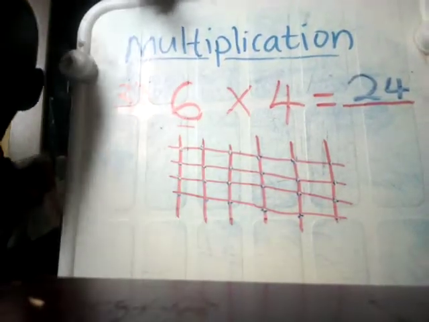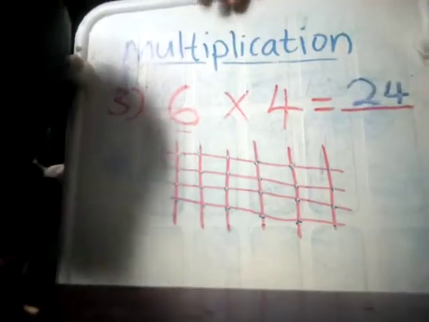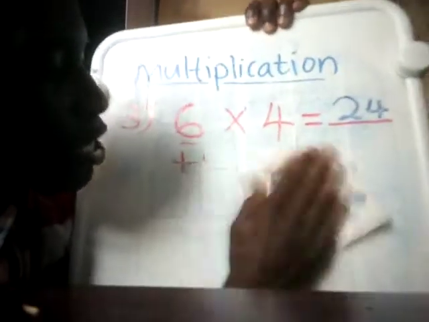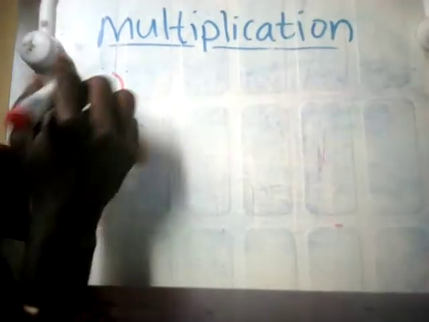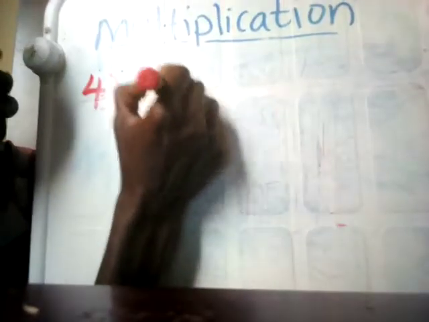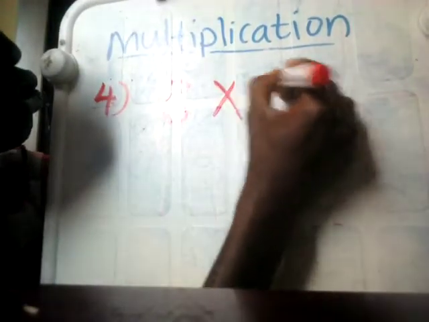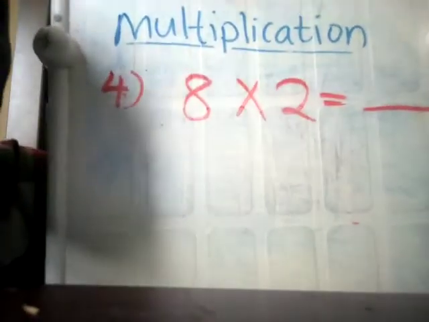Thank you. Then let's do another one. So here will be number 4. I have 8 times 2 equals to dash.